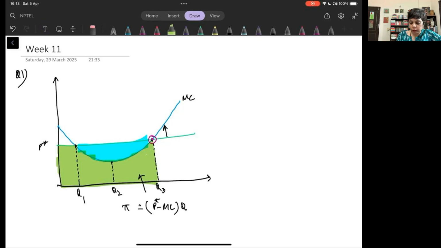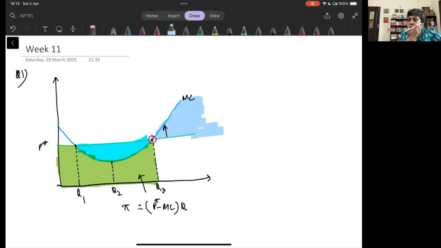its production, if it increases the quantity beyond the point Q3, then this is excess. Let me put it. In this area, this is the cost, which is much beyond the price, right?